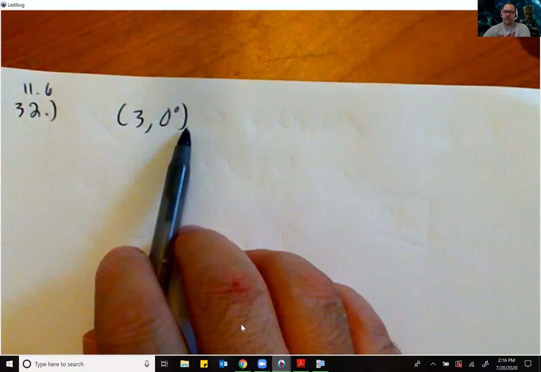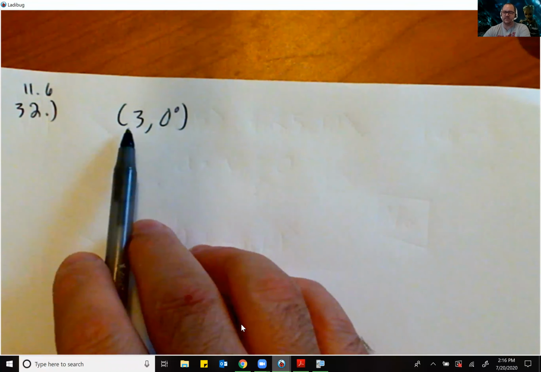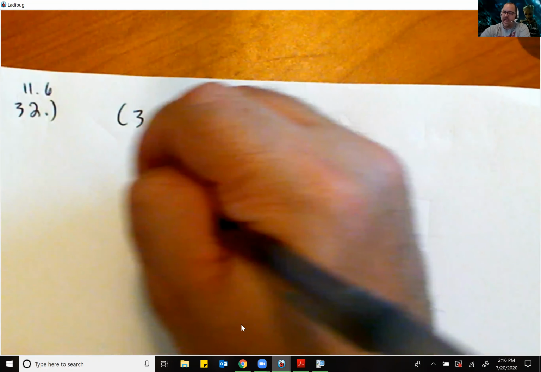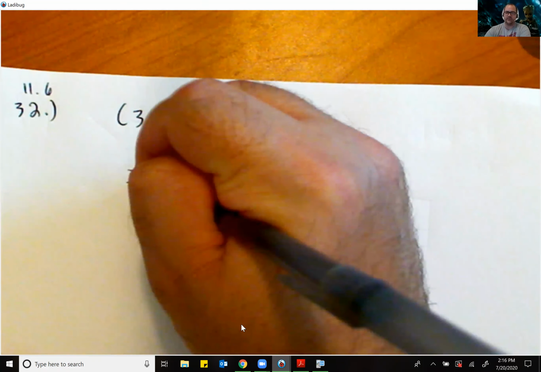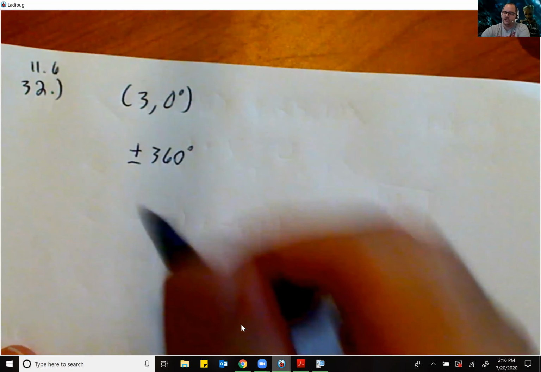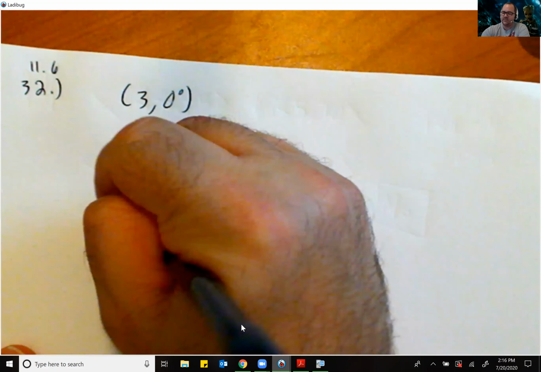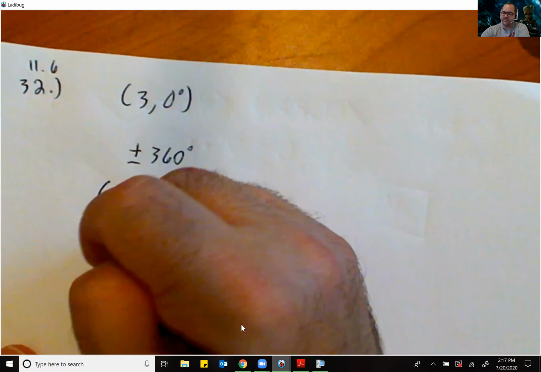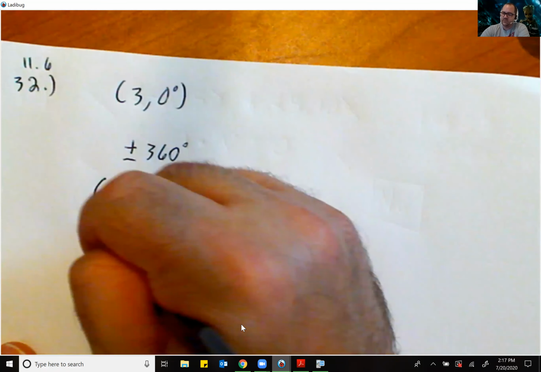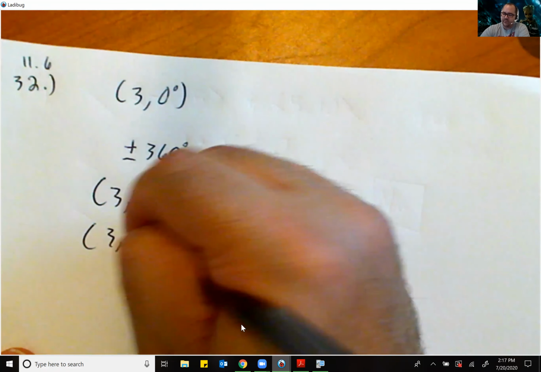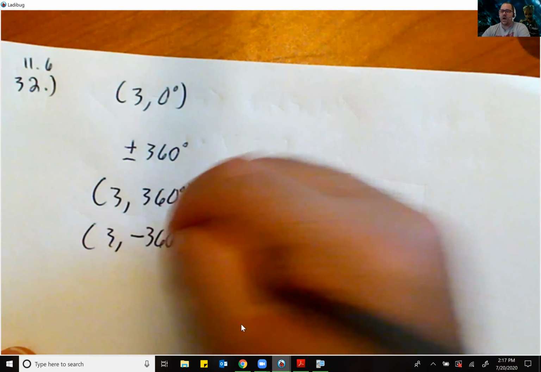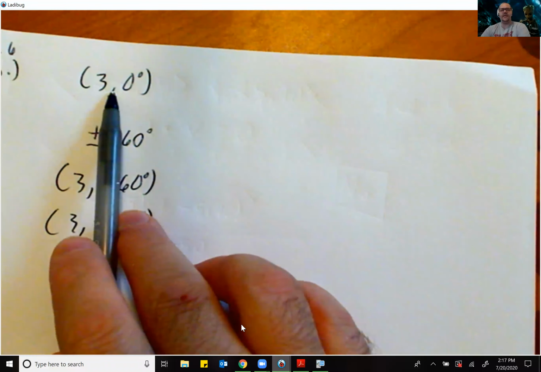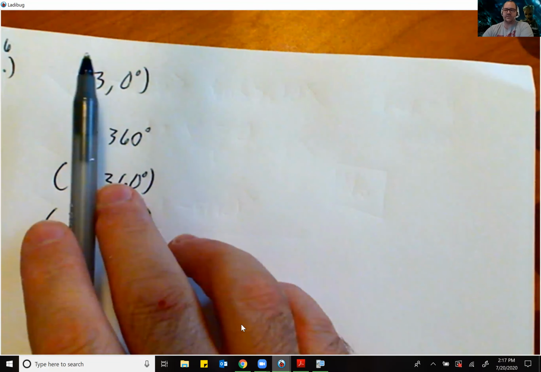Remember that we can make other ones by being coterminal to this. So all we have to do is take our angle and add or subtract 360 degrees to it. So 0 plus 360 is 360 degrees. 0 minus 360 is negative 360 degrees. We can also work with the inverse of this radius.